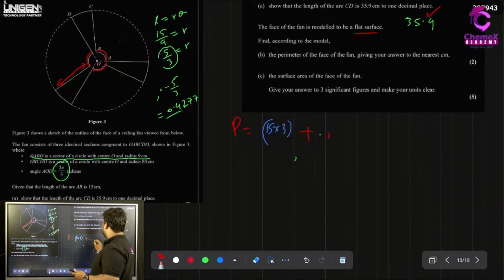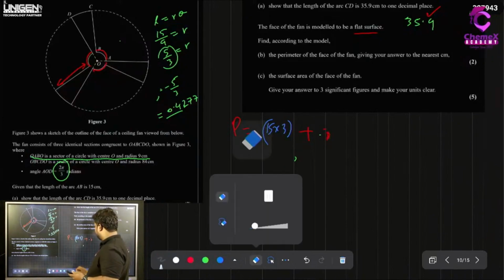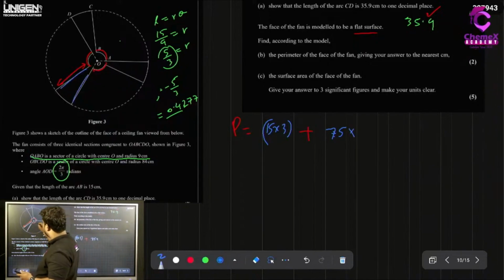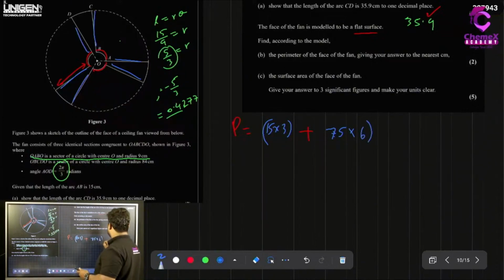So 75 times, how many are there? 1, 2, 3, 4, 5, 6. 6 plus.